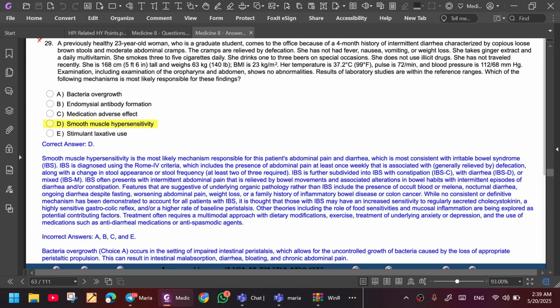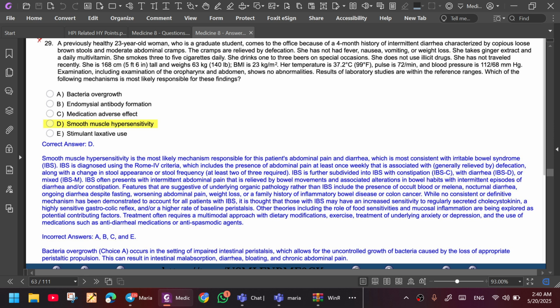While no consistent or definitive mechanisms have been demonstrated to account for all patients with IBS, it is thought that those with IBS may have an increased sensitivity to regularly secreted cholecystokinin, a highly sensitive gastrocolic reflex, and a higher rate of baseline peristalsis.